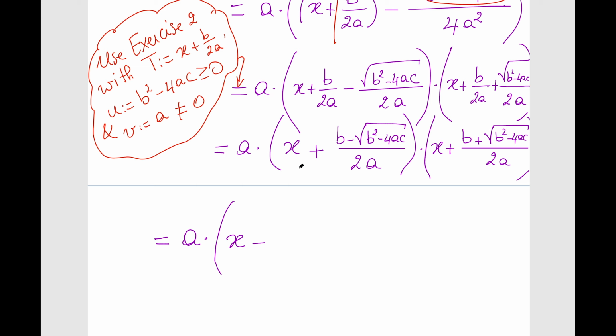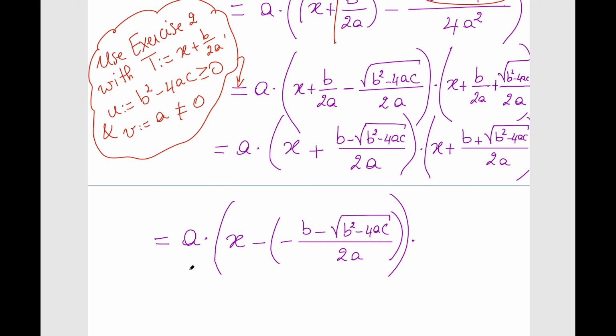If you add something to another thing, it's the same as subtracting the opposite of the thing. And obviously here I should have parentheses: b squared minus 4ac over 2a. This is this factor.